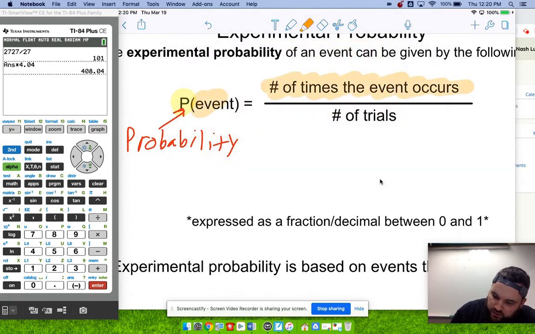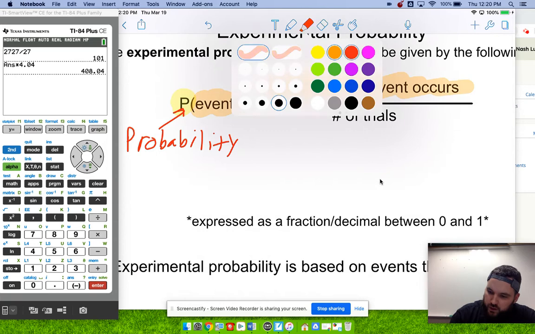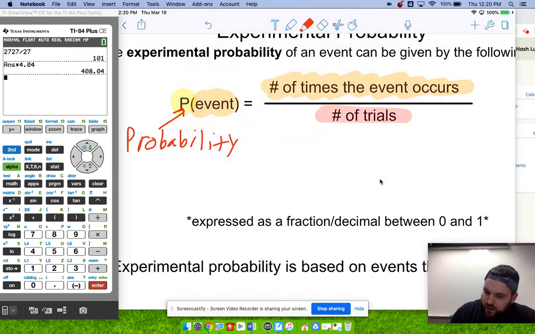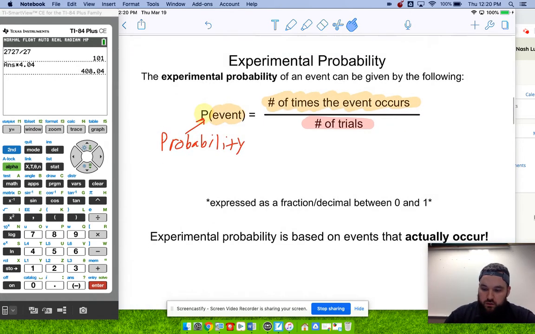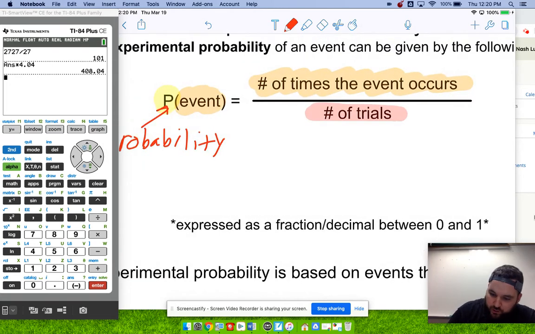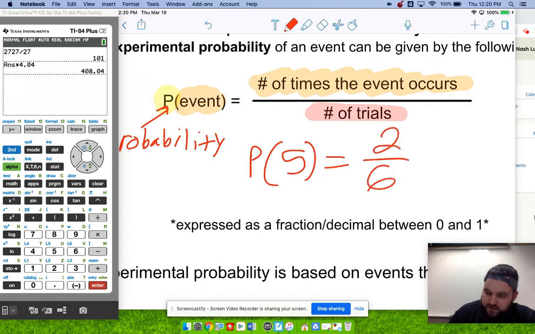The event that I'm looking for is usually written in parentheses after the letter P. The denominator is how many trials, or how many times you conducted the experiment. So in our situation, the probability of spinning a 5 was 2 out of 6, because we got two 5s and we spun it 6 times.